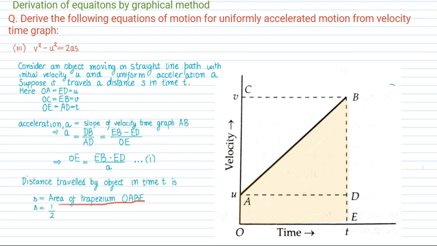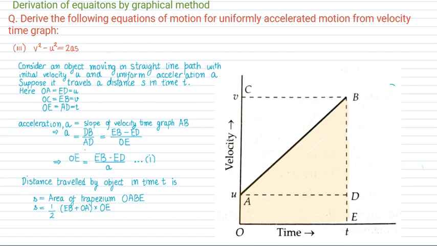So area of trapezium OABE is the sum of the parallel sides, your parallel sides are EB and OA, these two sides are parallel, multiplied with the height of the trapezium. In this case, the height of the trapezium is this one, which can also be written as OE. So the trapezium area can be written as half of the sum of the parallel sides into the height.